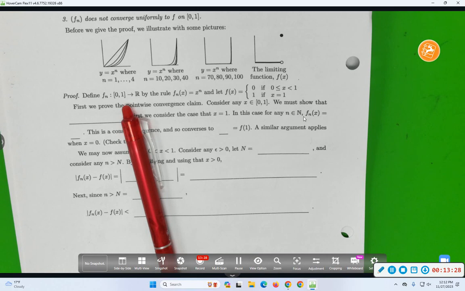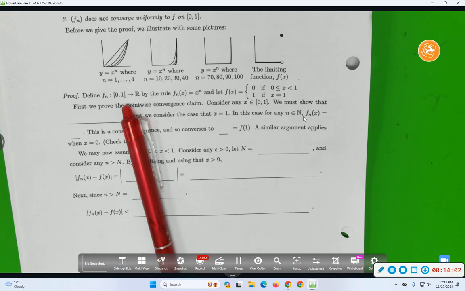I want to show, if f sub n of x is x to the n, and f of x is the limit function, then f sub n converges pointwise to f.